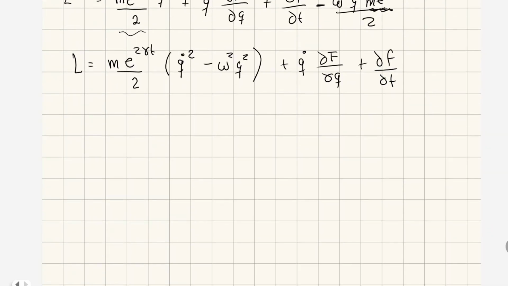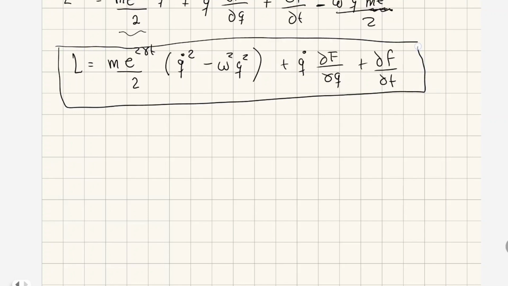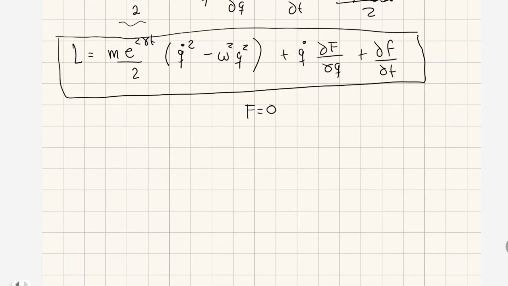So this will be like a general result. For the damped harmonic oscillator, this will be like a general Lagrangian. But looking that f is an arbitrary function, we can also establish that f could be equal to 0, making a particular Lagrangian for the damped harmonic oscillator be only m e to the 2 gamma t over 2 times q dot squared minus omega squared q squared.